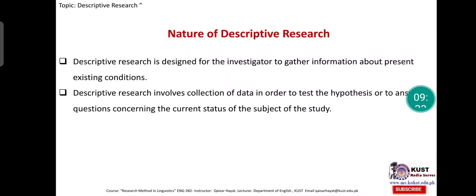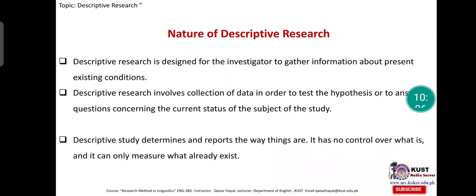You have already seen in the previous slides that you can collect data through questionnaire, through observation, through interviews. Why would you collect data for descriptive research? Because you want to get the hypothesis tested. You want to answer the questions that are fixed as research questions. So descriptive research looks into the current status of a subject or of any phenomena.